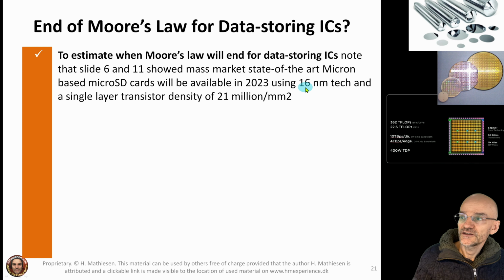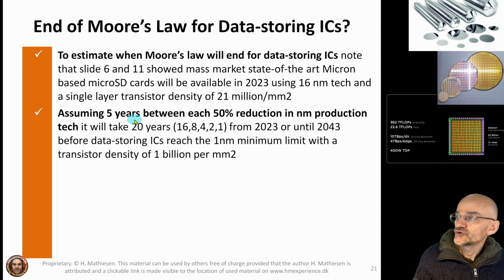But the fact is, they're only using 16 nanometer tech, and that means data storing ICs have a lot of potential to develop for a much longer time than the data processing ICs that are already today at 5 nanometer and 4 nanometer. So if we assume 5 years between each 50% reduction in nanometer production, it will take about 20 years: 16 nanometer, 8 nanometer, 4, then 2, and then 1.